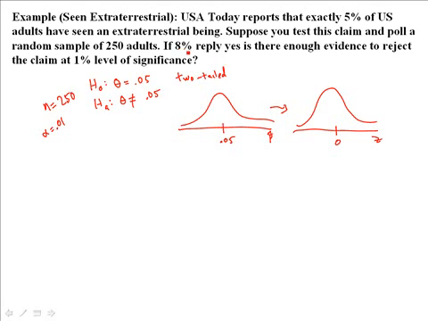Is the 8% to the right or to the left of 0.05? To the right, so I'm going to label 0.08 over here. This turns into a z-value that's positive, because z-values over here are positive and z-values over here are negative.